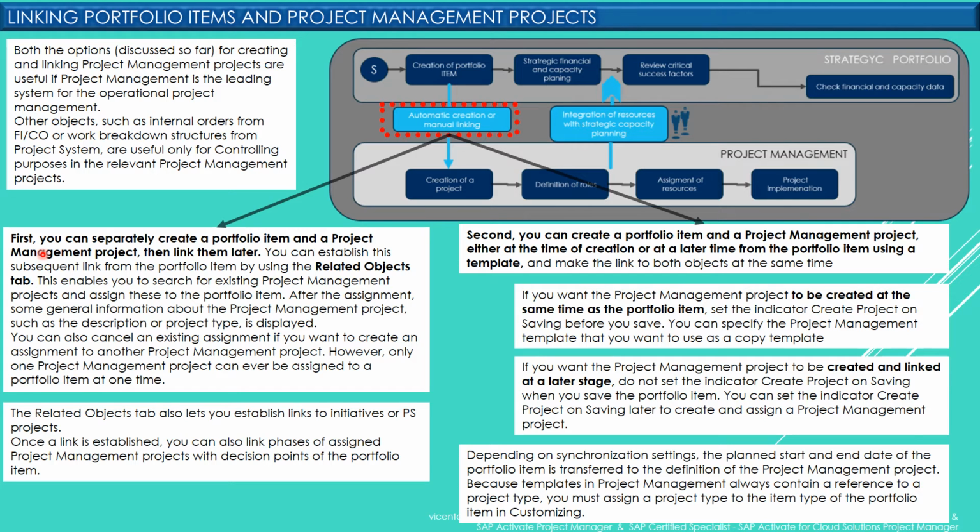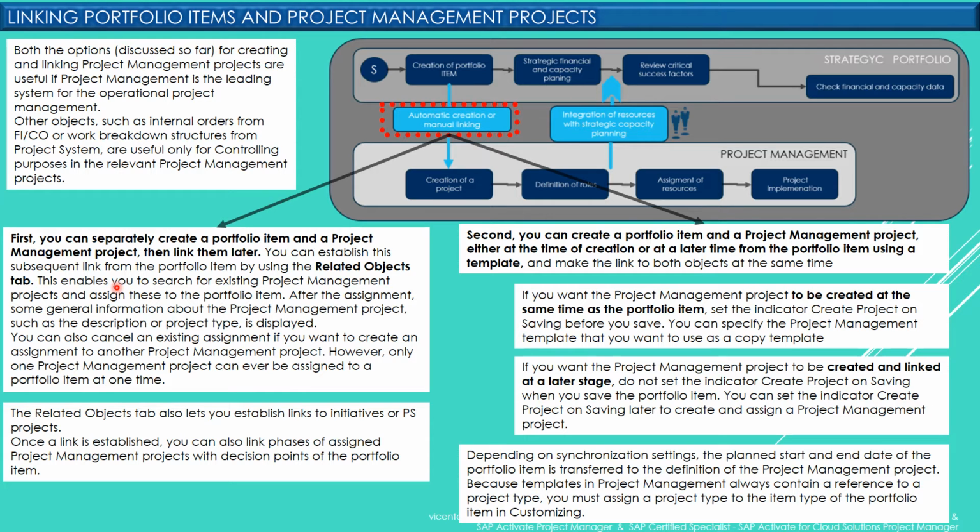One of them is that we can separately create a portfolio item and a project management project, and then link them together. You can establish this subsequent link from the portfolio item by using the Related Objects tab. And please remember that the integration is not made only at the level of portfolio item and project definition.